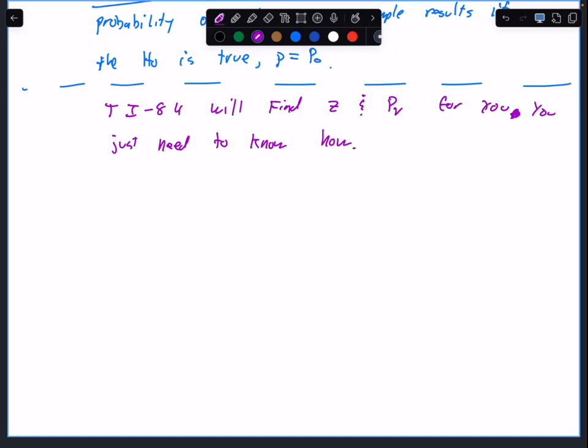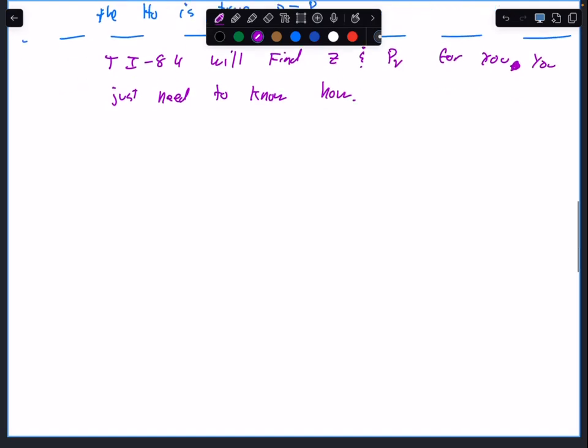Now, you could use the methods we just did, which is review. You could use the method we did in the do now, finding the z-score by hand using the z formula, and finding the p-value by using normal CDF and determine if it's one-tailed or two-tailed. If it's two-tailed, you multiply it by 2. I'm not teaching you that way, though. I want you to get an idea of it, but see how easy it is.